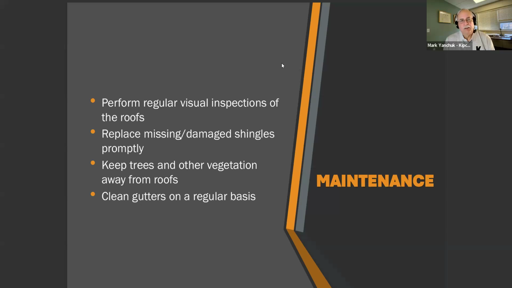So for maintenance, you really just have to visually inspect your roofs, and that can be done from the ground, just making sure that there's no shingles blowing off or damaged, or if there's any homeowners complaining of water leaks, you want to tackle that quick because it would all be covered under a warranty.